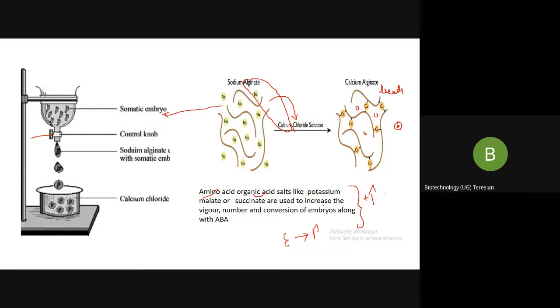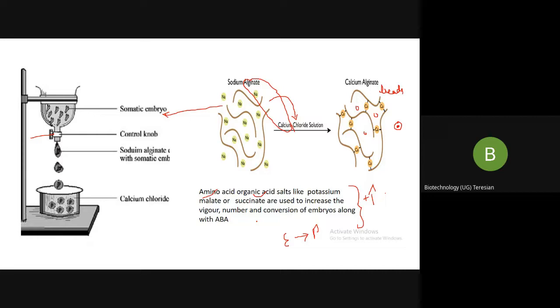Apart from that, look at abscisic acid, ABA. Abscisic acid has been found to improve the development of the embryo. That is, you have all the four stages, right? Remember, globular, heart, torpedo, and cotyledonary stage. In each of the stages, what division is occurring?